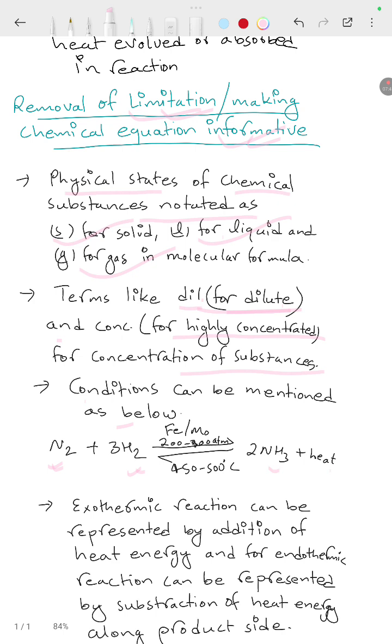Here iron is used as a catalyst and molybdenum as a promoter. We can write Fe as catalyst like this, and the pressure is 200 to 300 atm, and the temperature is 450 to 500 degrees Celsius. We can mention such conditions like this.